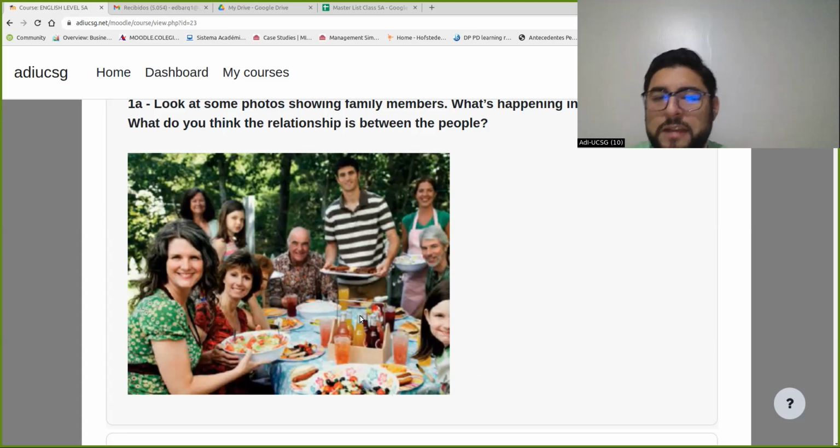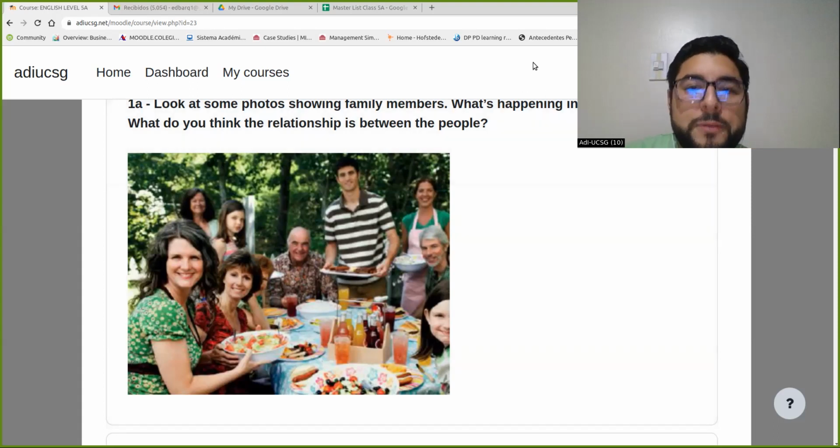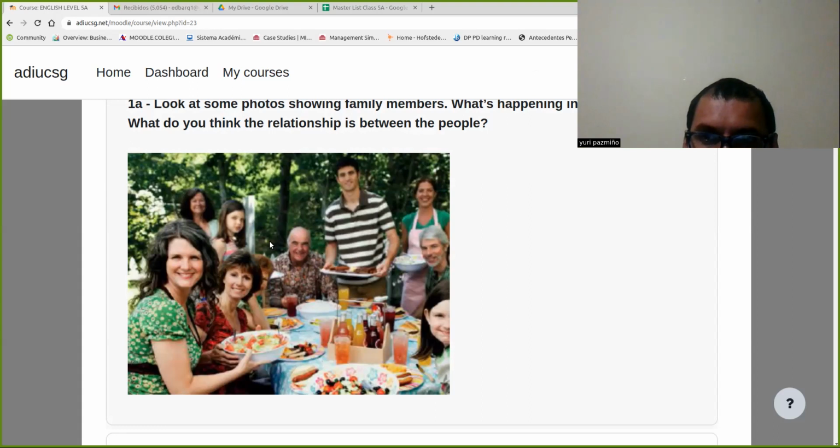Who knows? But what concerns us today is not really related with the food that they're having, but the family members. They must be part of the same family. So who would you say is this man? The man in the middle. Grandfather? The grandfather, right?